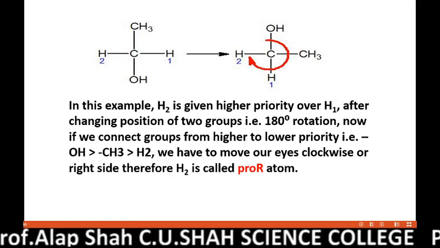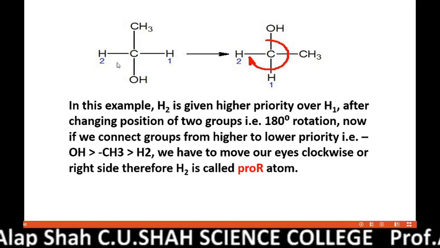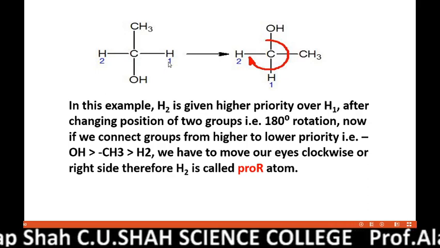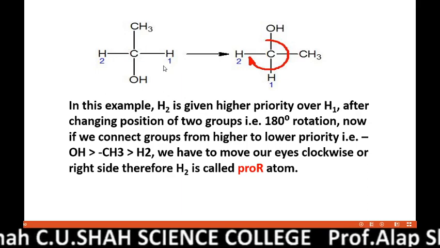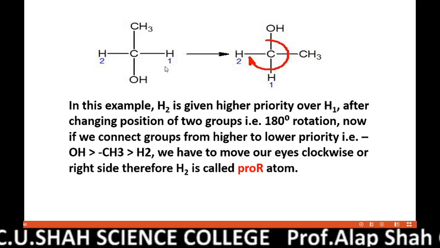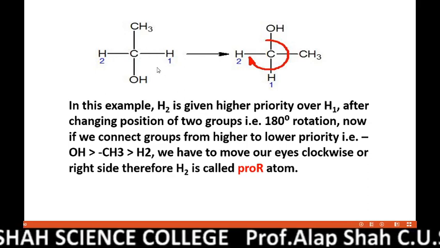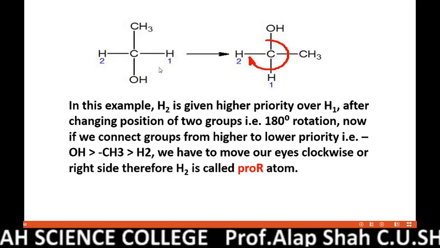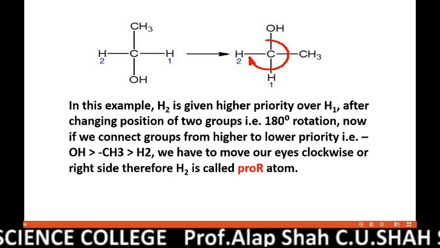So suppose in the same example of ethanol, if you remember, to designate RS configuration, we give priority order to all the four atoms, and the criterion is atomic number. The higher the atomic number, the higher the priority.